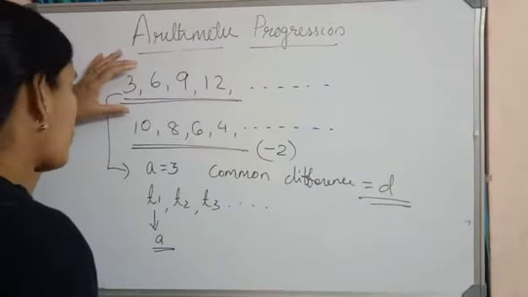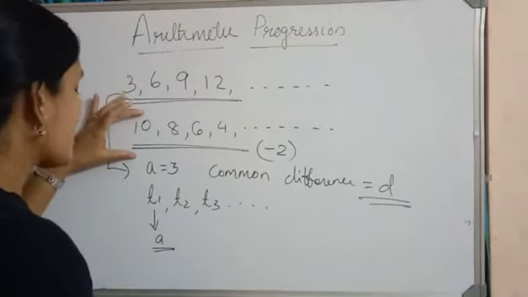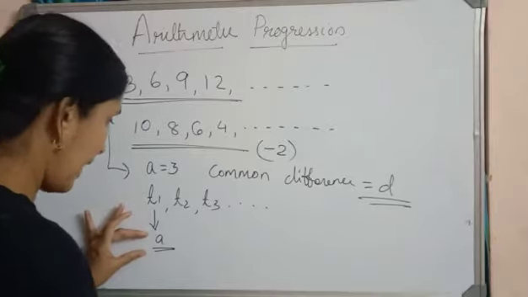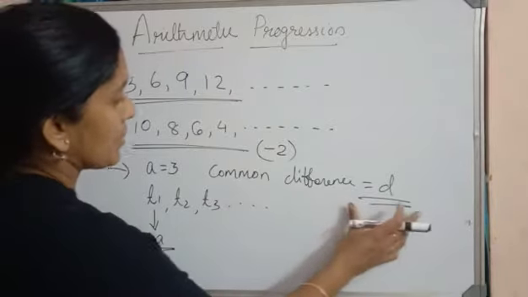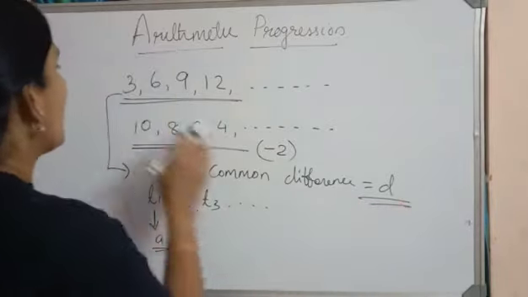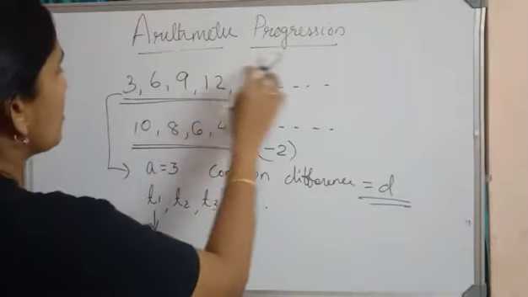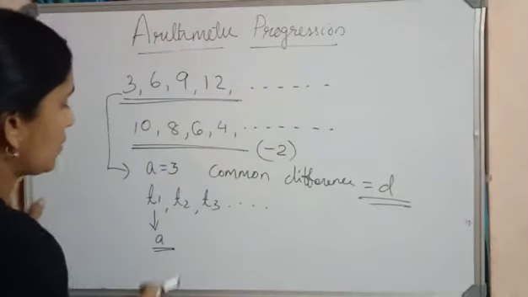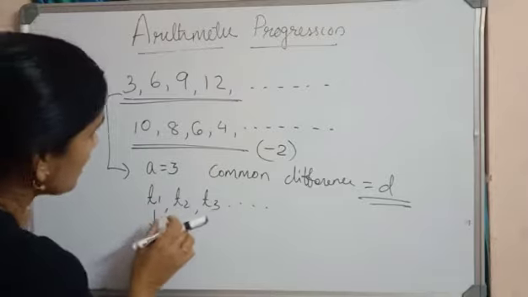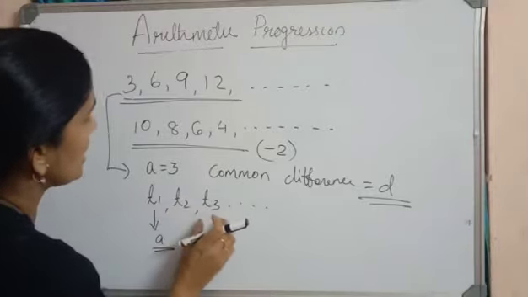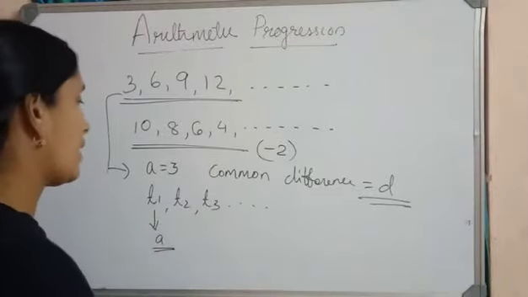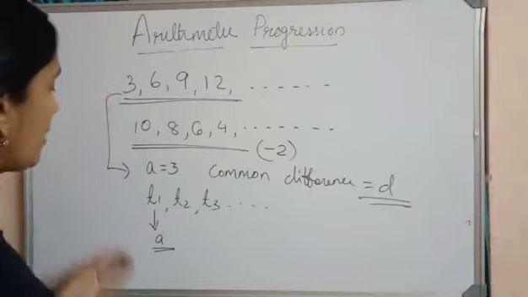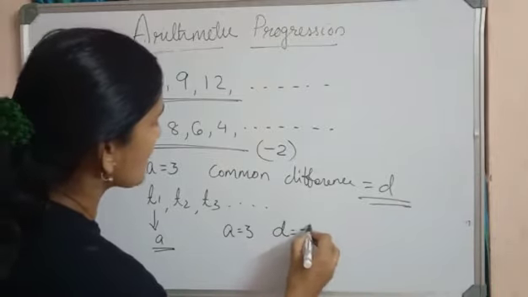The first term of the arithmetic progression is always represented by small letter a, and the common difference is represented by small letter d. And each term of the arithmetic progression can be represented by using the letters T1, T2, T3, and so on. Now, if you consider the second example, the common difference is minus 2.